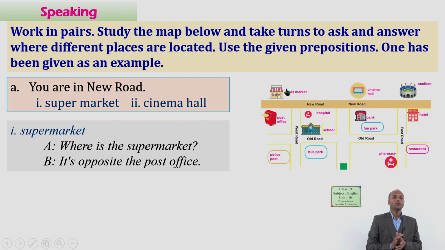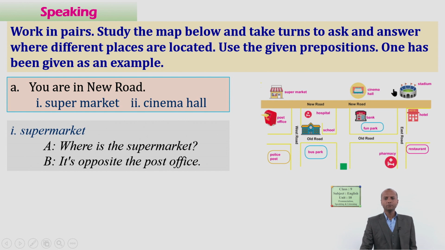Clear? So similar to that, you have to talk about the cinema hall. Here it is. You can take reference to the bank, or else you can take reference to the stadium as well. If you take this bank as a reference point to talk about the cinema's location, you have to use the preposition, yes, opposite.